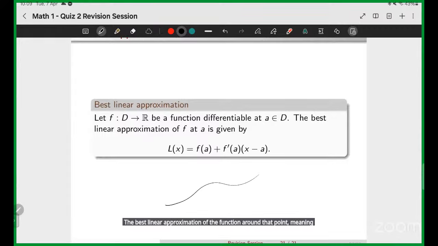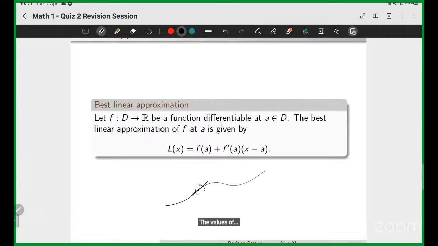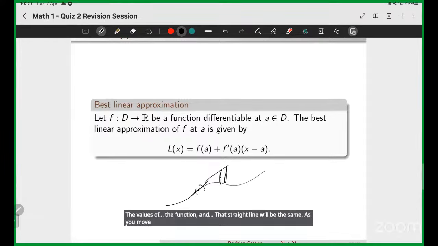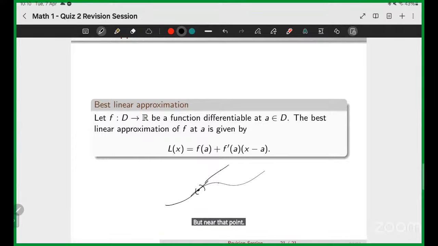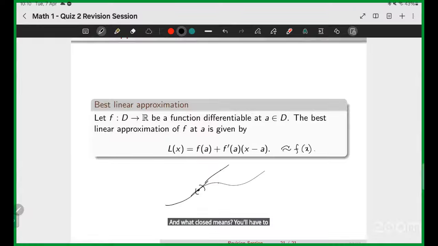Meaning, if I look very close to the point, the values of the function and that straight line will be the same. As you move away, there might be a significant difference, but near that point, the value of this function, f of a plus f prime a times x minus a, as well as f of x, will be close.